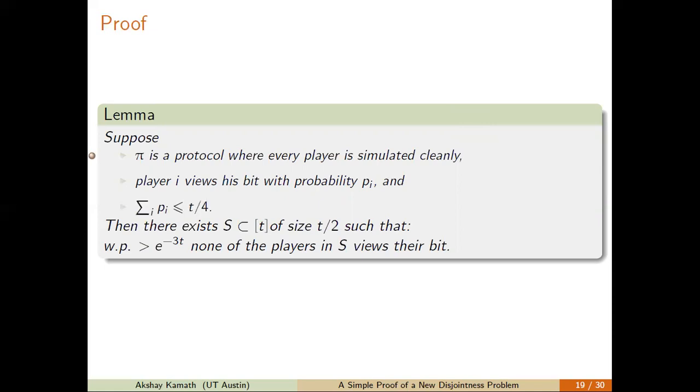Further, suppose that the sum of these pi's is at most t over 4. Then there exists a subset S of the players of size t over 2 such that with probability larger than e to the negative 3t, none of the players in S views their bit. This is a lemma that we can prove easily using the probabilistic method.